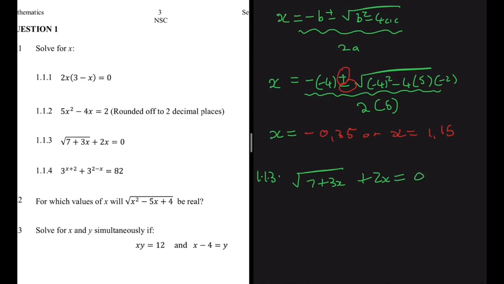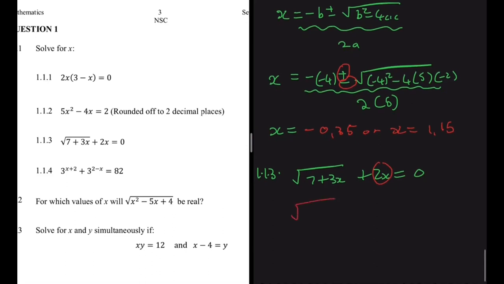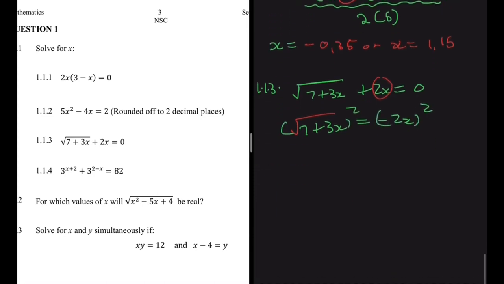But if we square both sides while we still have this 2x here, then so many issues are going to arise. So the first step, let's take 2x to the other side. So we're going to have the square root of 7 plus 3x being equal to minus 2x. Now we can square both sides in peace, and not so many issues will arise.